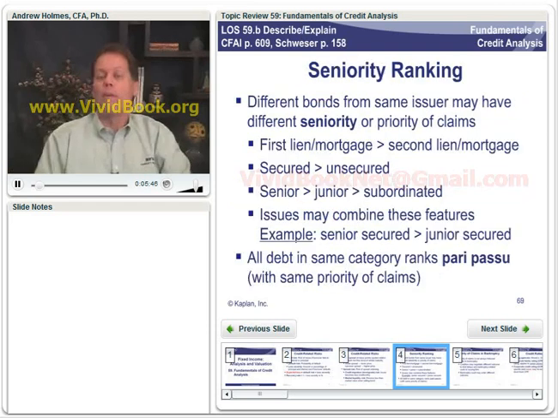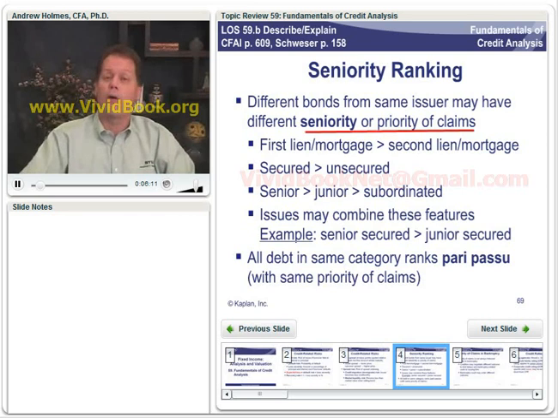So what about the seniority? Now, when we talk about bonds, if you take a look at a big operating company, whatever, IBM, what you're going to see is that they have lots of different bond issues outstanding. So we have lots of different bonds from the same issuer, and they could have fairly different claims or seniority, or very different seniority in the priority of claims.